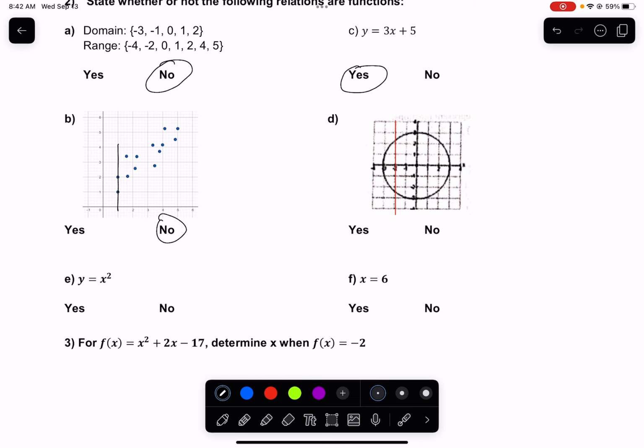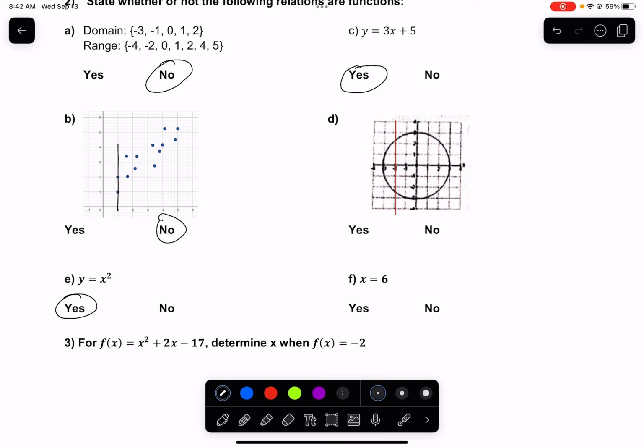It's something in disguise, which I think I talked about yesterday, right? It's the reflection of the root x graph. That creates that sideways parabola. Or x equals y squared, which is a different relation than y equals x squared. So y equals x squared is always going to be a function.